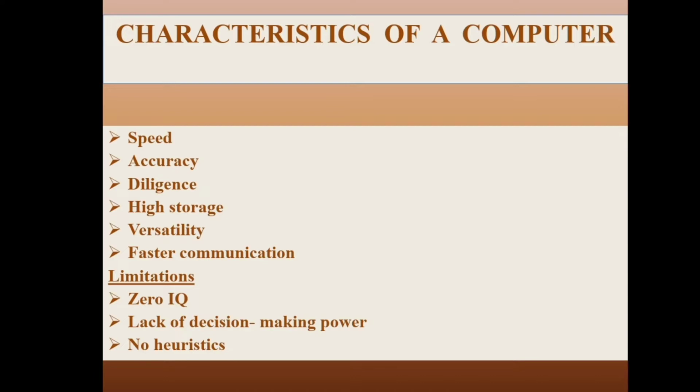First characteristic of a computer is speed. Children, we all know that a computer does calculations within milliseconds, right? Let's understand it in this way. If you want a calculation or multiplication of 4-digit numbers or 5-digit numbers or so on, the computer will give you the answer within milliseconds.